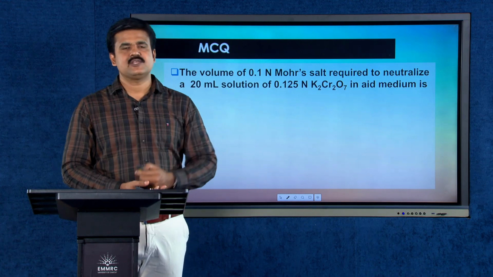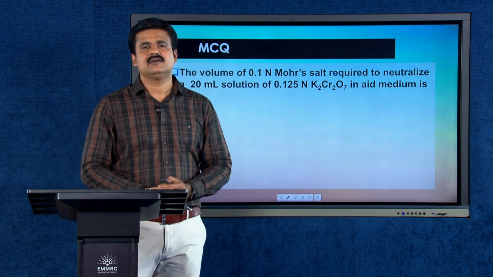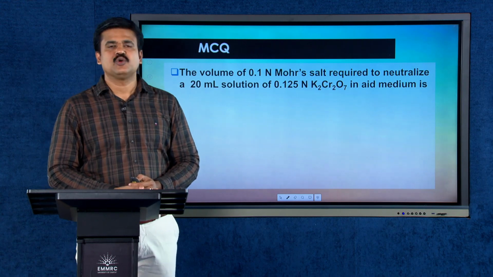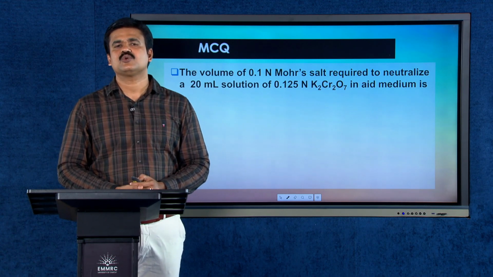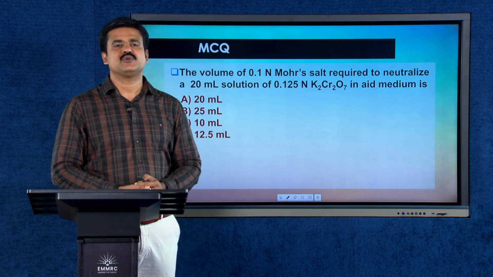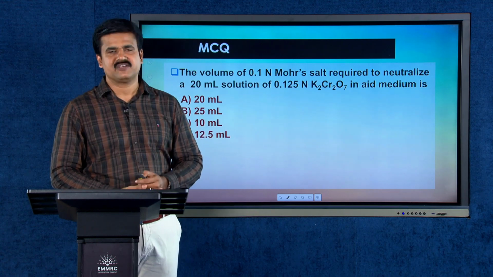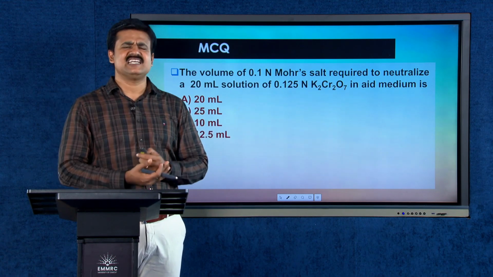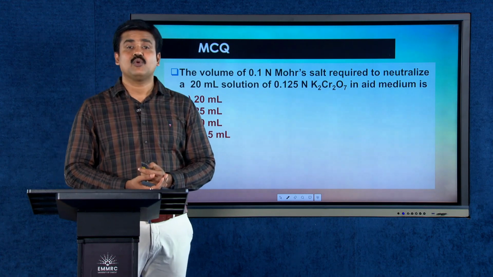Now, an MCQ based on the concept: the volume of 0.1 normal Mohr's salt required to neutralize 20 ml solution of 0.125 normal K2Cr2O7 in acid medium is. These are the options: option A 20 ml, option B 25 ml, option C 10 ml, and option D 12.5 ml. You can simply use the expression N1V1 equal to N2V2. You have to find out the volume of Mohr's salt.